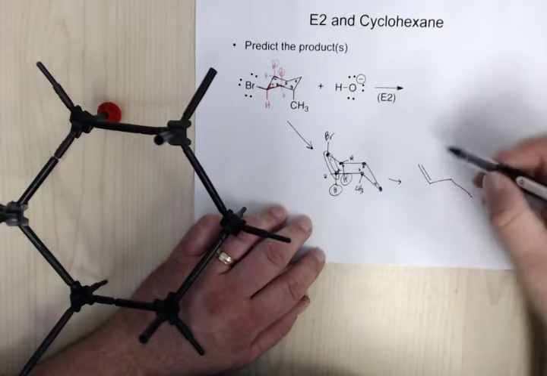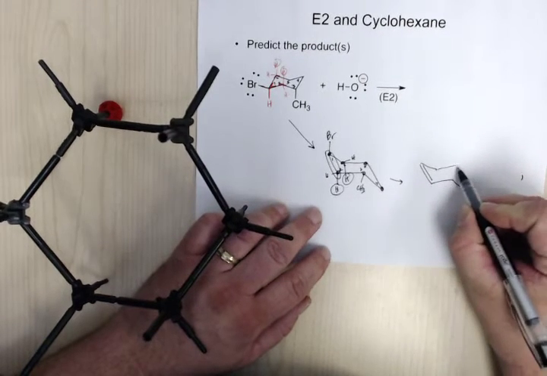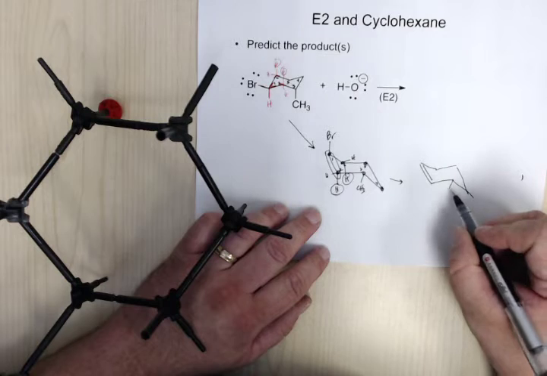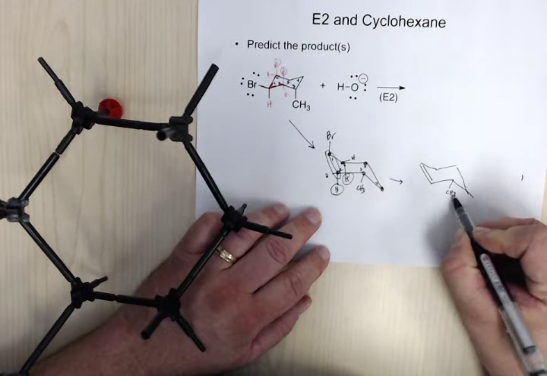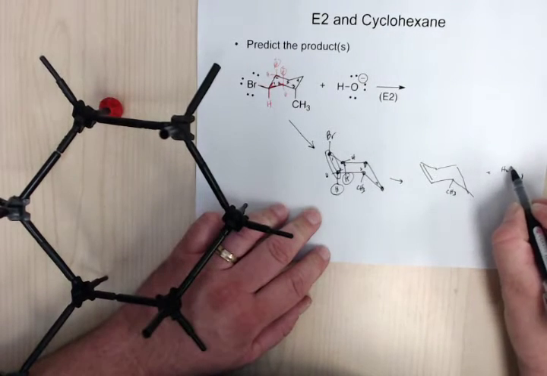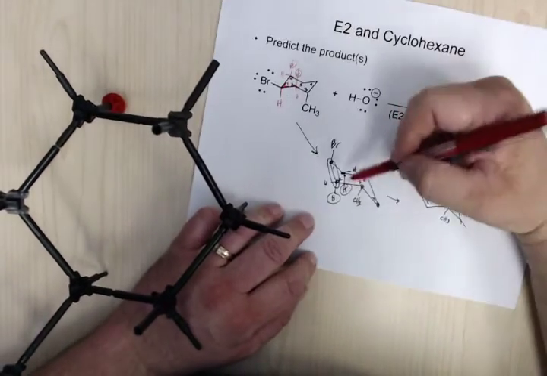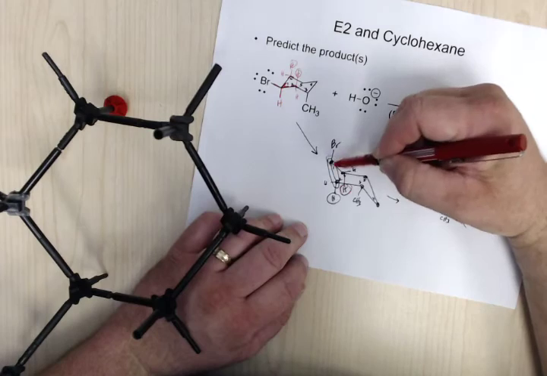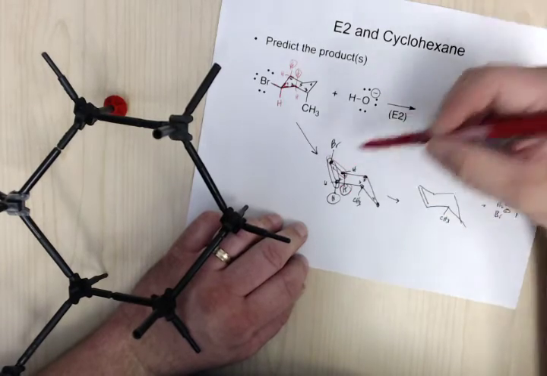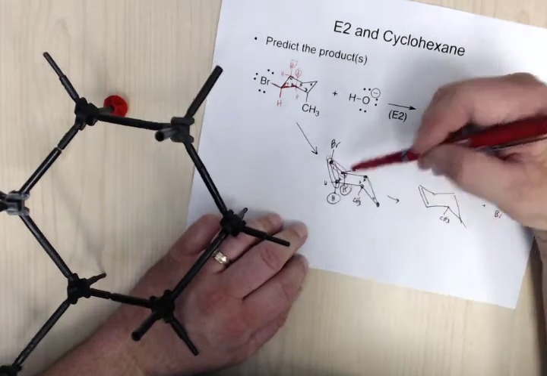If that's the case, then we can make the double bond there, plus water and Br minus. The other option would be, because remember this is axial too, we could have instead made the double bond here, because that one's axial.